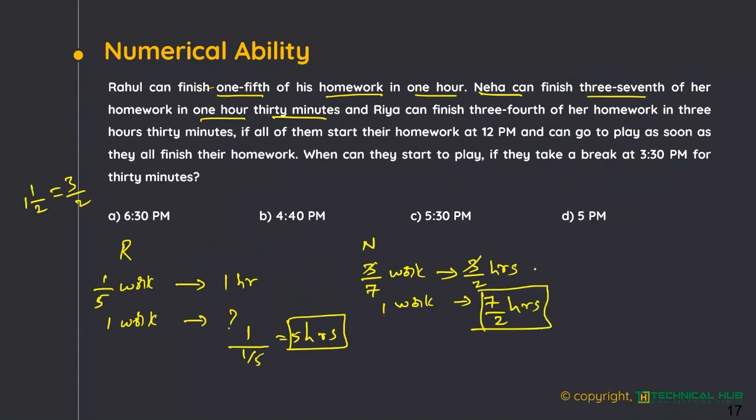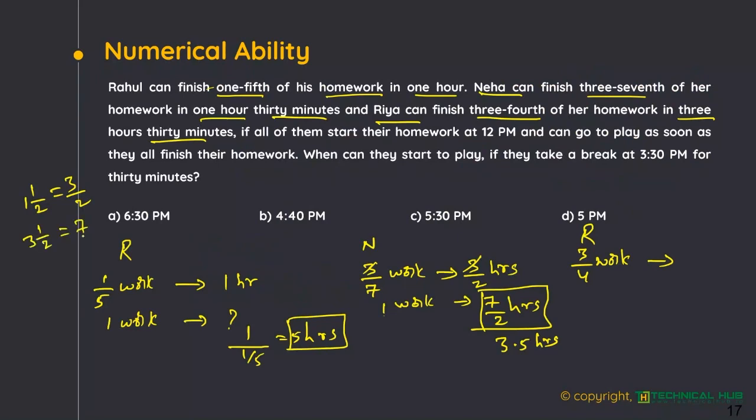Okay. And finally, one more person, Ria. Ria can finish 3/4 of her homework, 3/4 of the work, in 3 hours 30 minutes. 3 hours 30 minutes means 3.5 hours, which is equal to 7 by 2 hours, right?